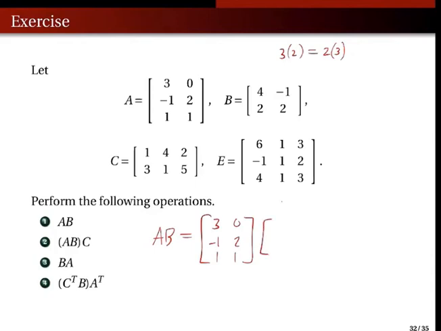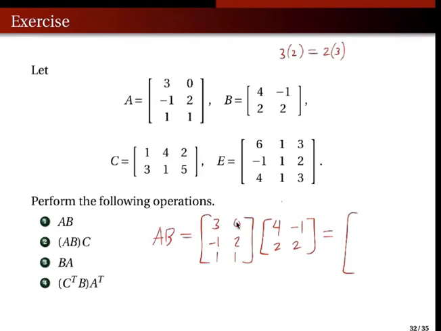B is 4, negative 1, and 2, 2. So notice, you have here 3 by 2, and in here you have 2 by 2. So you expect a 3 by 2 matrix: 3 rows, 2 columns. So what do we get in this part?